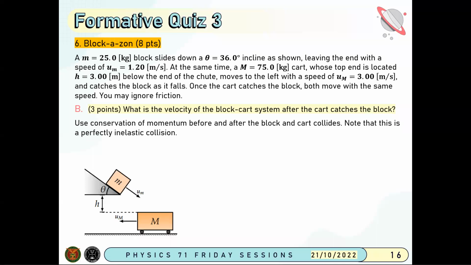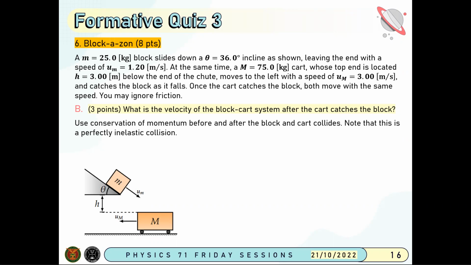Okay. Next, what is the velocity of the block-cart system after the cart catches the block? Okay. So here, since collision siya, after ma-catch ni cart yung block, nagkaroon ka na ng collision. So with that, kung collision na yan, we can now use conservation of momentum.